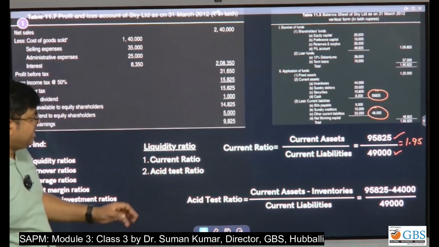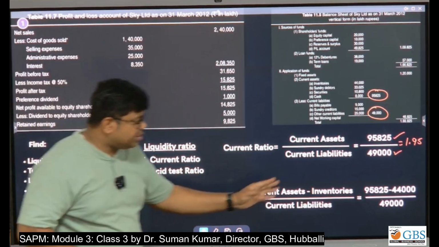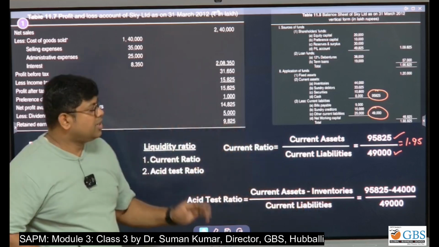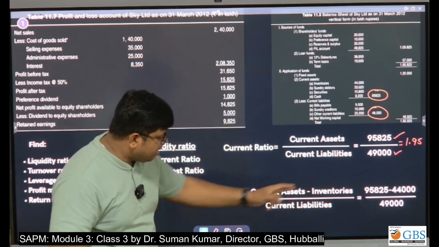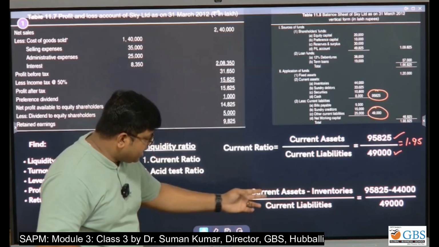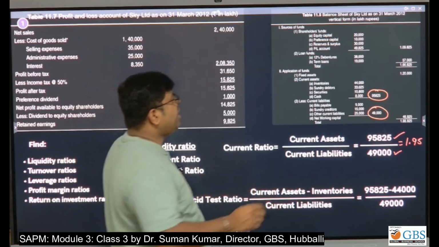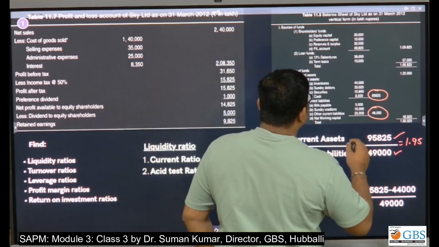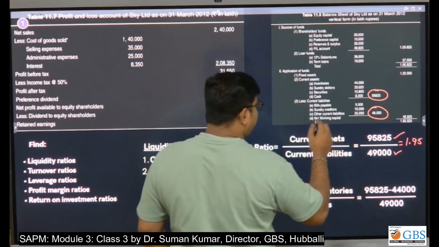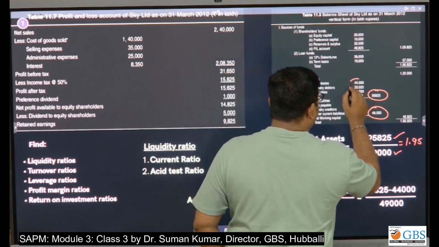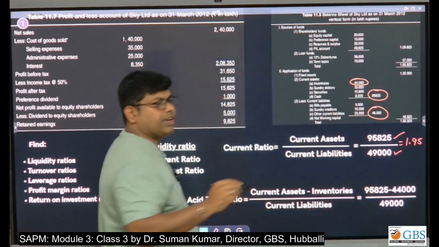Next, acid test ratio. Current assets minus inventories. We know the amount for current assets, current liabilities also we know. Inventory we have to find out from the balance sheet. Inventory is 44,000.